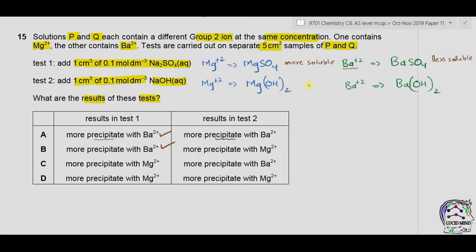Now comparing the solubility of hydroxides, we know that in group 2 the hydroxides become more soluble moving down in the group, so therefore magnesium hydroxide is less soluble and barium hydroxide is more soluble, so therefore more precipitate will be formed with magnesium plus 2. The answer is therefore B.